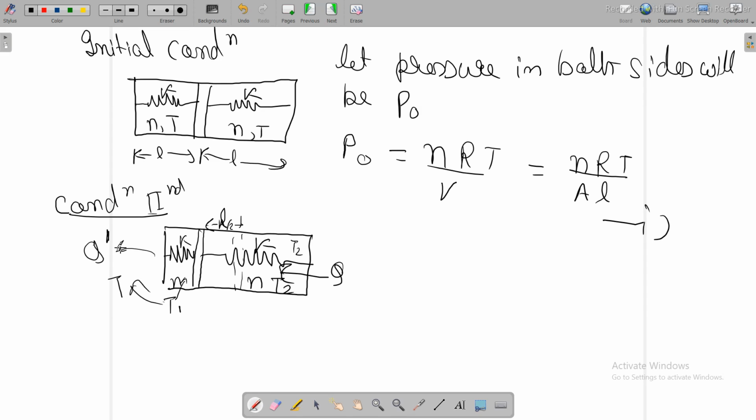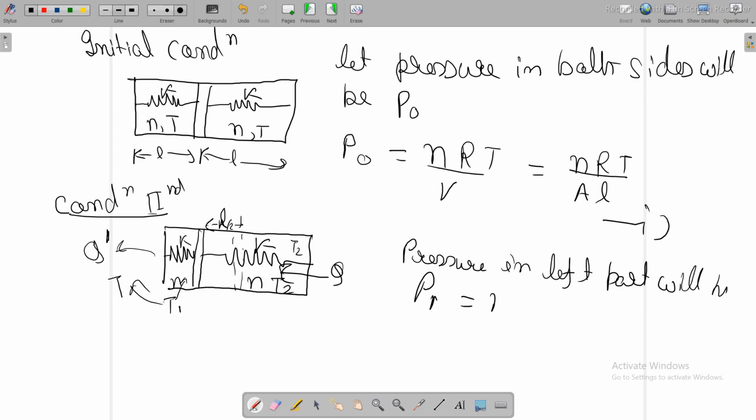Therefore the pressure in the left part will be P1 equals nRT over V1, because the area remains the same but the length of the left part will decrease and the length of the right part will increase.